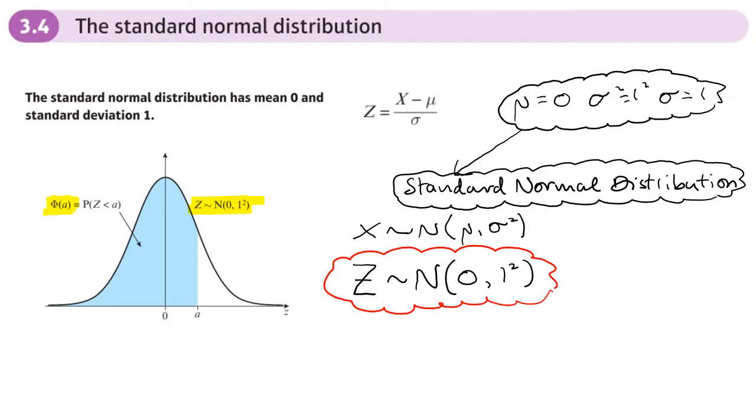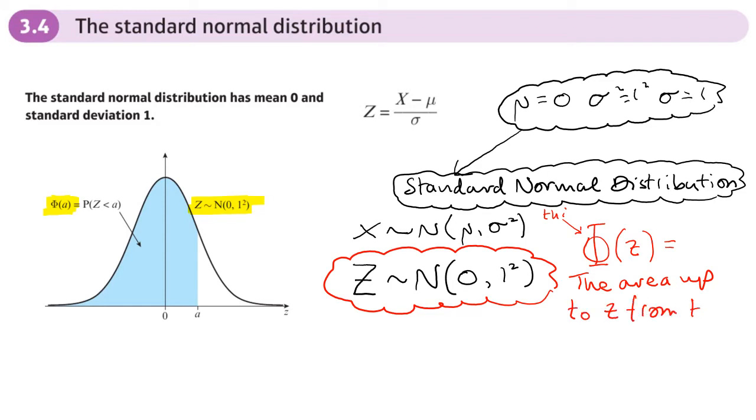So if you see phi of Z, I'll just use a different letter, this is a Greek letter, phi. Phi of Z basically means the area up to Z from the left, or the left tail, which is what our calculator gave us.